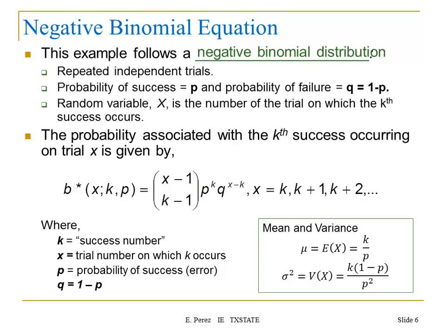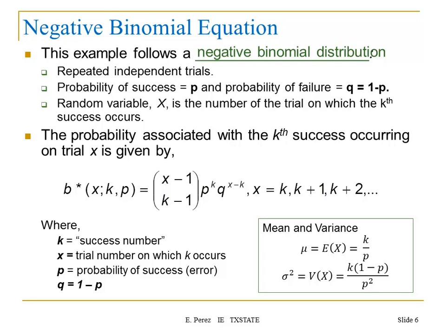You need to be aware of the type of random variable you are looking at for the experiment. For this expression, K is the success number, X is the trial on which that K-th success occurs, P is the probability of success, and Q equals 1 minus P.